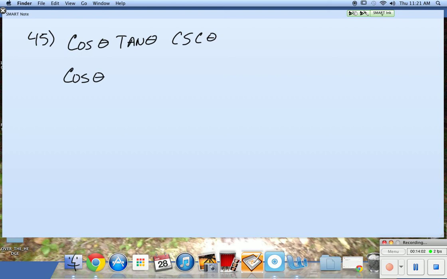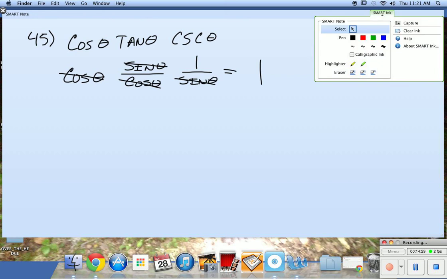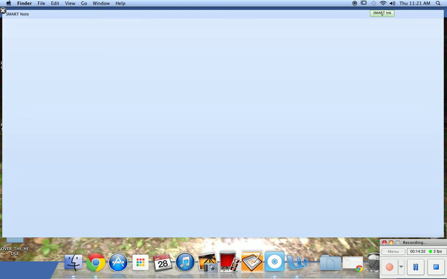Cosine of theta, sine of theta over cosine of theta, and this is 1 over sine of theta. Cosines cross out, sines cross out, we're left with 1. Hopefully you're starting to pick up on what we're doing here. It should start clicking hopefully soon. And as you move forward, as we do these more, you're going to see this more and more.